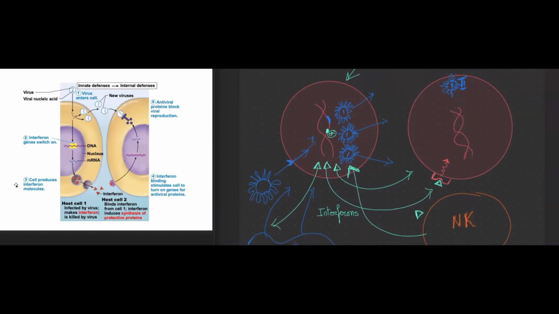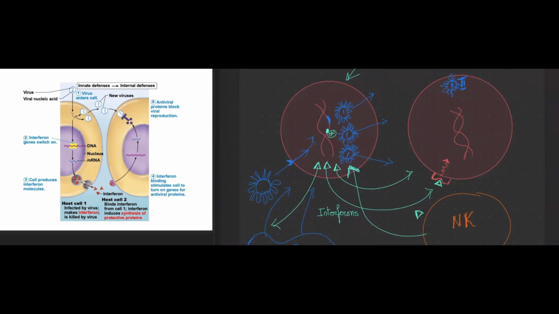All right, so you see on here, we've got the virus entering the cell. This cell is going to integrate the viral genome within the cell genome, and as it integrates, this turns on specific genes that will be translated to produce the interferons.